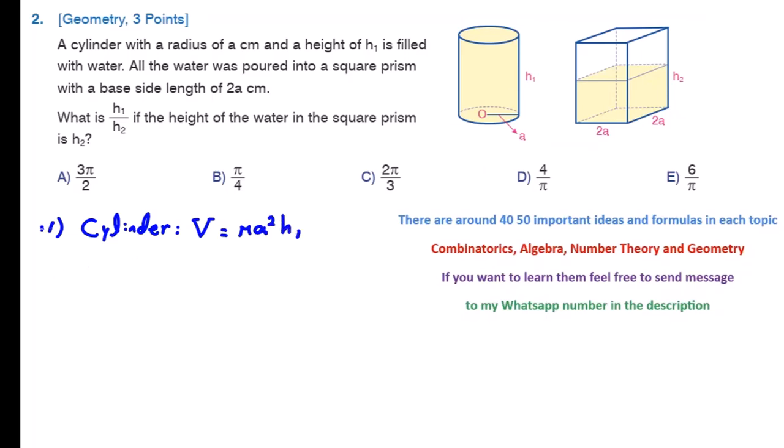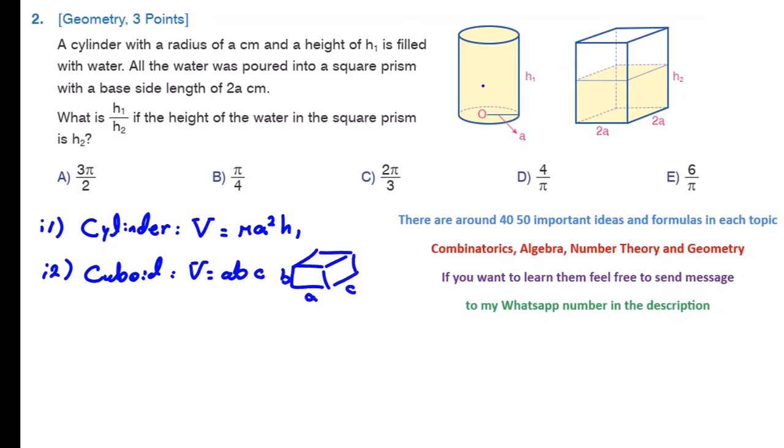And it is idea one. For the next one, a square prism with height h2, here a cuboid, you should multiply these three. So for a cuboid, the volume is ABC.